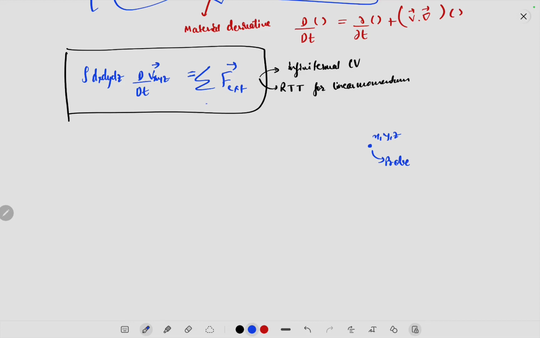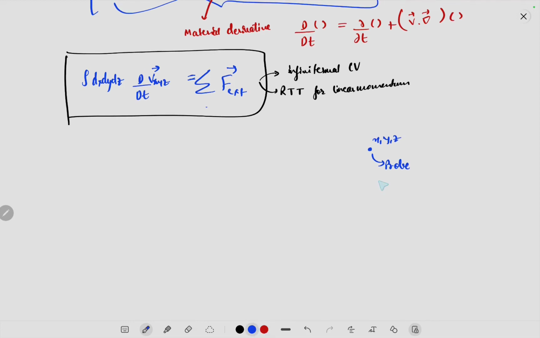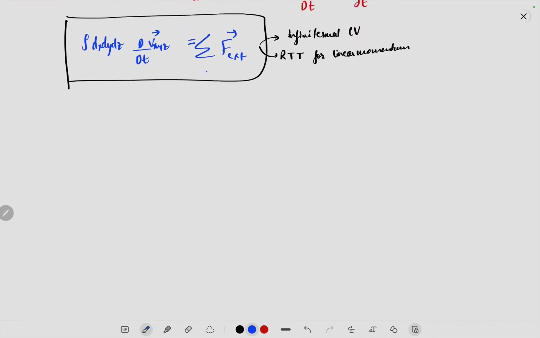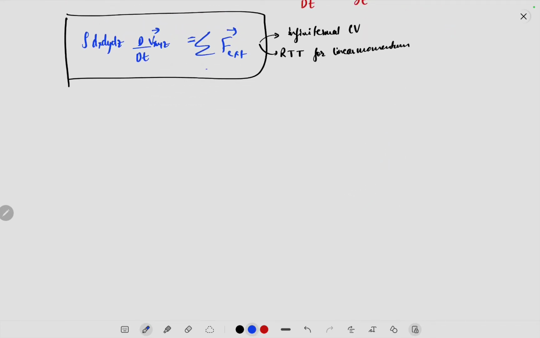So what will be that? Now from the Eulerian approach we know that the summation over f external measured, let's write it in a better way.